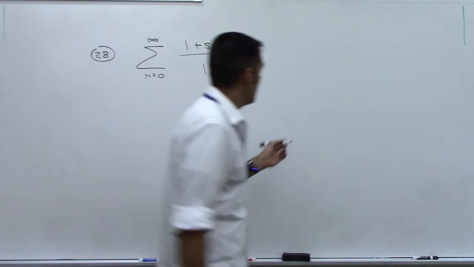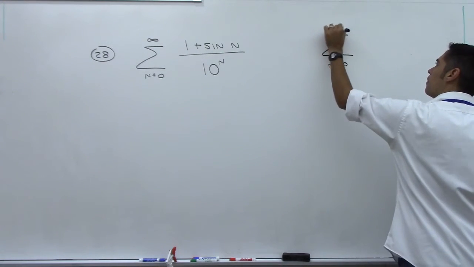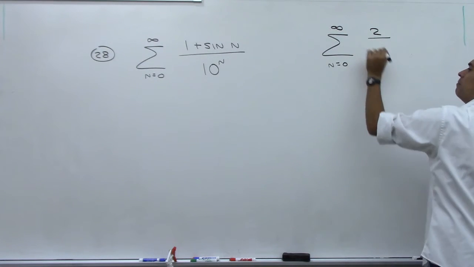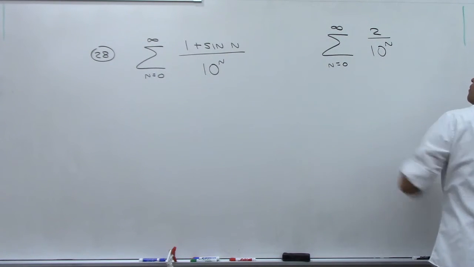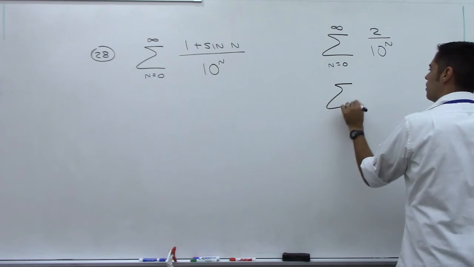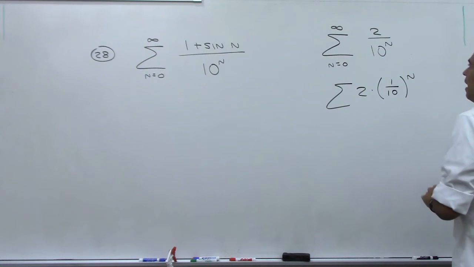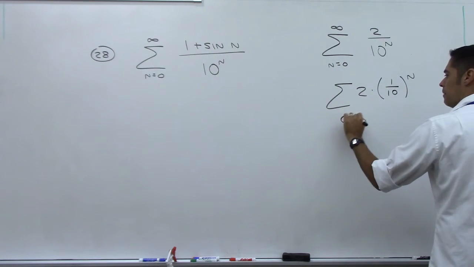So why don't we compare it to a 2 on top, like that. And then pull the 2 out, or you know what, let's not pull the 2 out. Let's put the 2 in front and then do 1/10 to the n like that. And this is geometric.